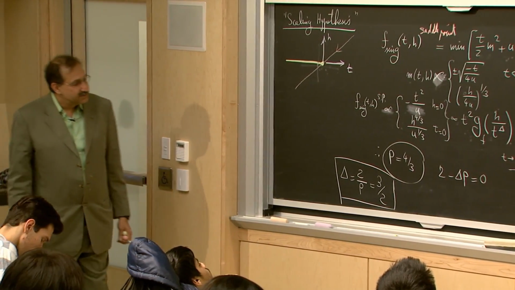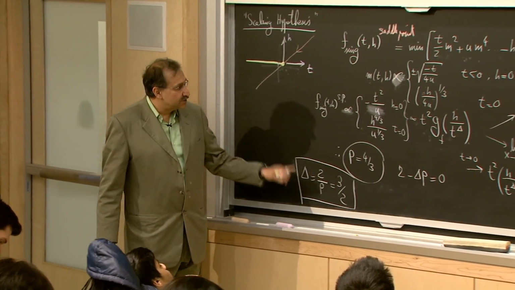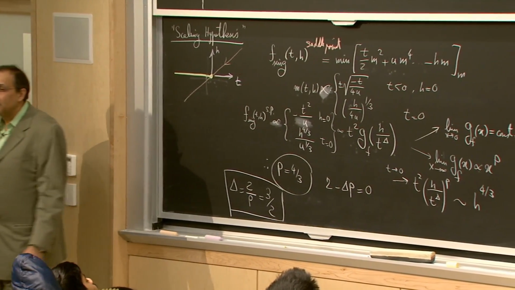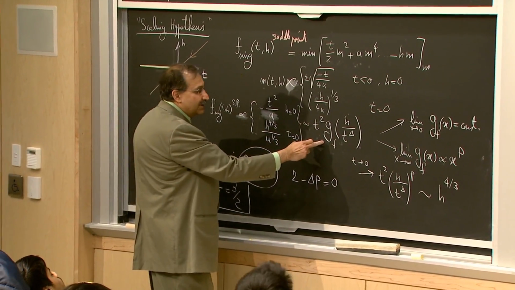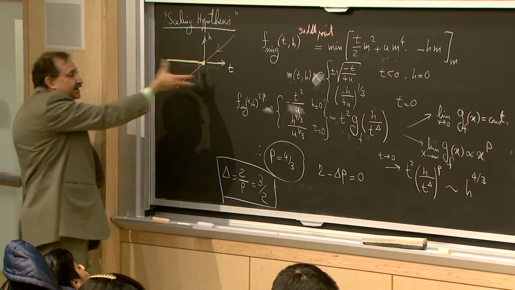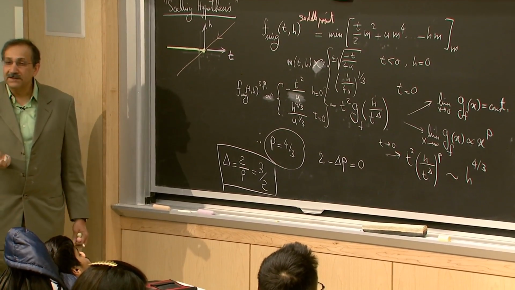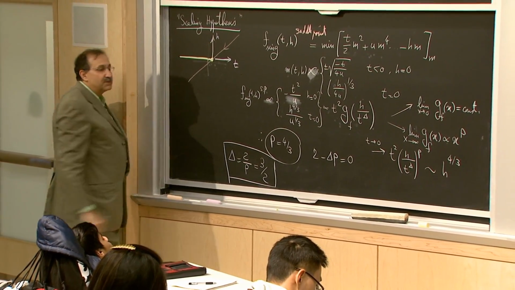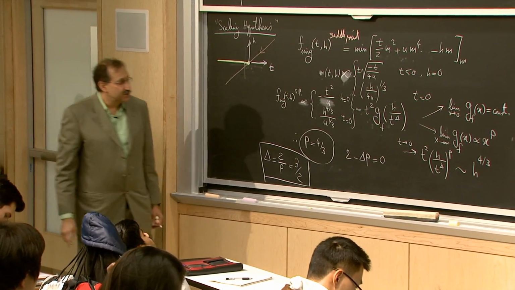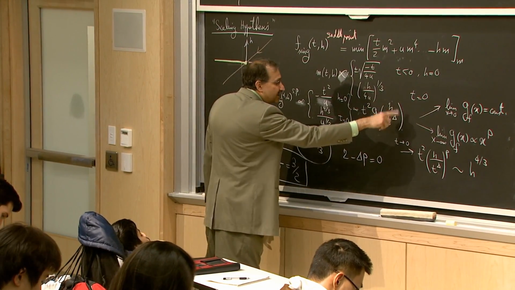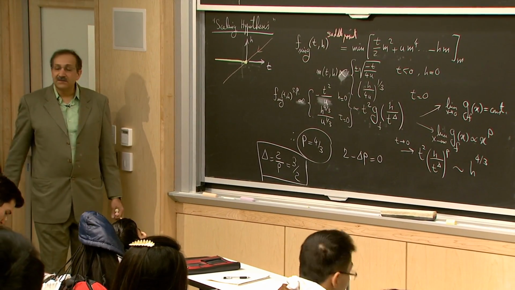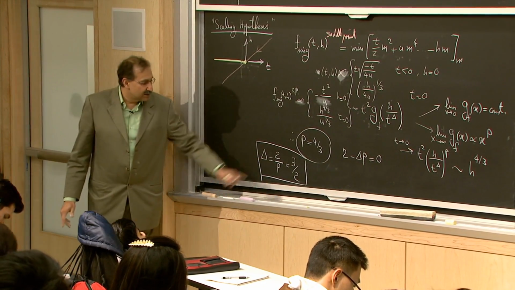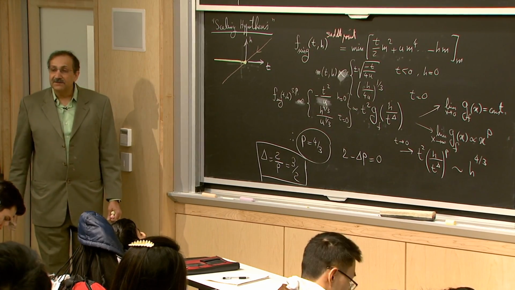Why is this exponent relevant to the question that I had before? You can see that the function that describes the free energy as a function of these two coordinates, if I look at the combination where h and t are non-zero, is very much dependent on this h divided by t to the delta, and that delta is 3/2.